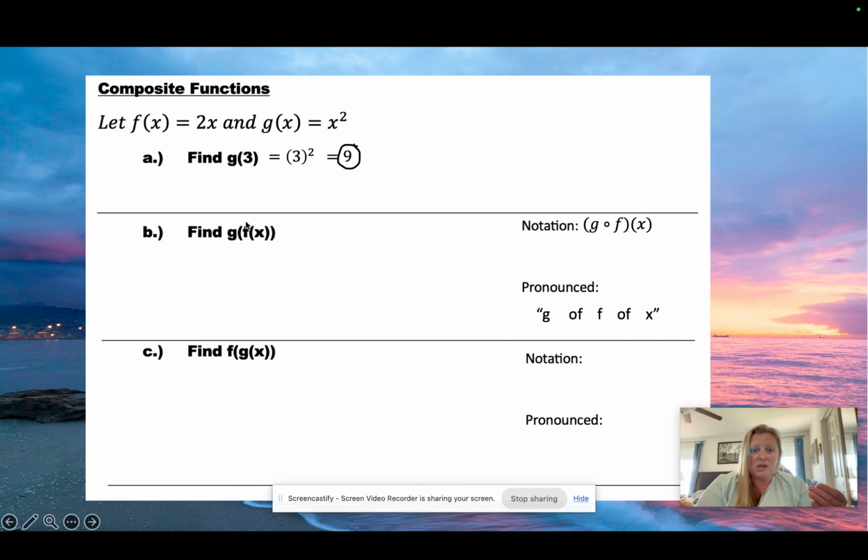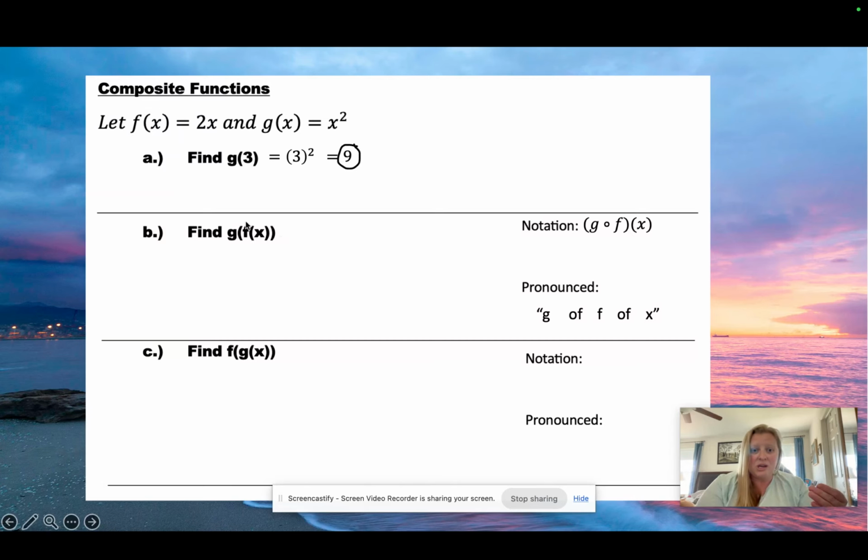So when we rewrite the problem, I'm going to keep the G and the parenthesis, but I'm not going to write F of X anymore. I'm going to write 2x. And then the rule is whatever's in the parenthesis has to go in for X in that formula. So this has a G, so I'll be now using the G formula, and I need to replace X with 2x.